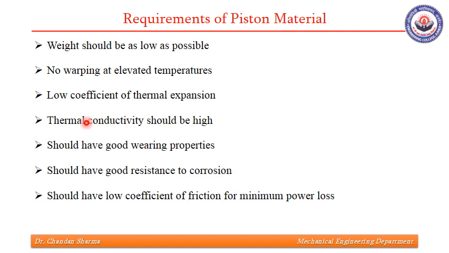Its thermal conductivity should be high so that it can dissipate the heat quickly. It should have good wearing properties because it continuously reciprocates inside cylinder. It should have good resistance to corrosion, and finally it should have low coefficient of friction for minimum power loss. So these are few requirements which a piston material should possess.